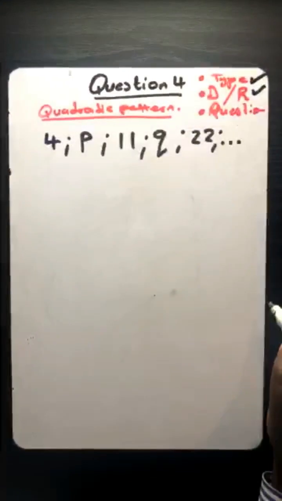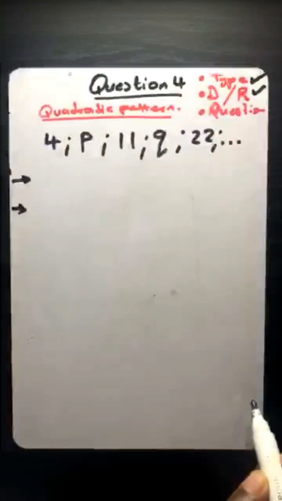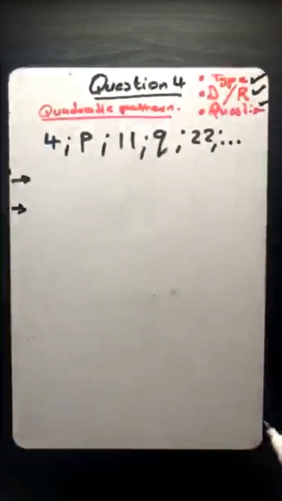If you remember, we did say a quadratic pattern has a second common difference. So that means you will need to firstly find the first difference, and from there do the second difference. Then once we are done with all of that, that's when we can start looking at the questions. That's how I used to approach this type of question.